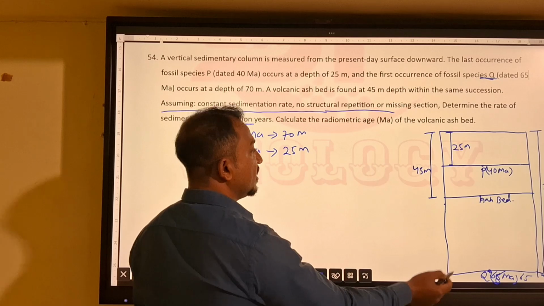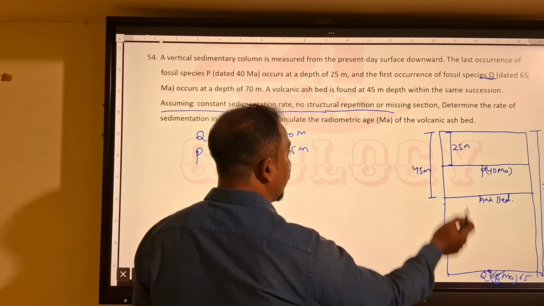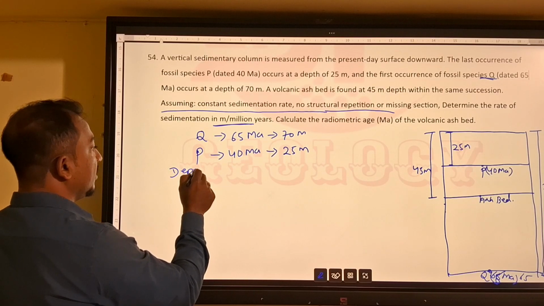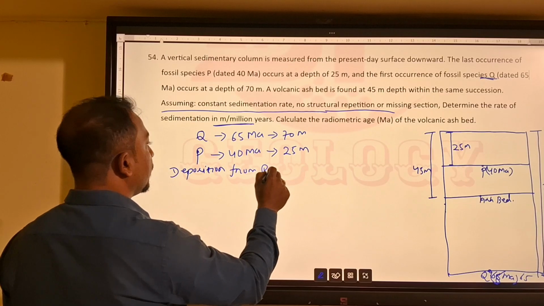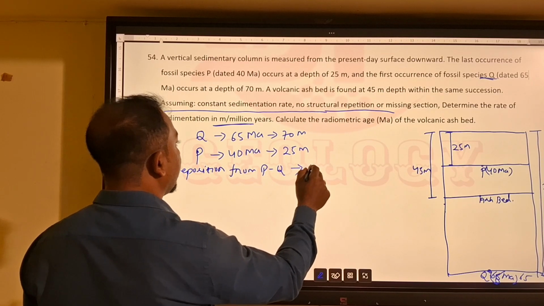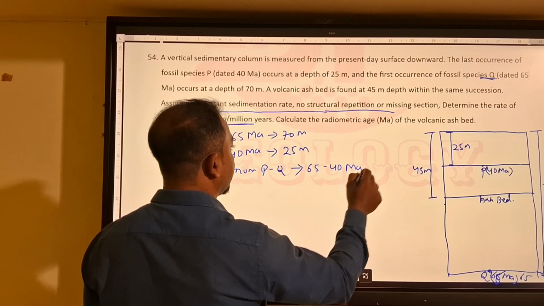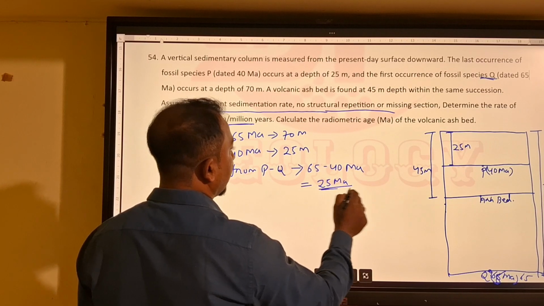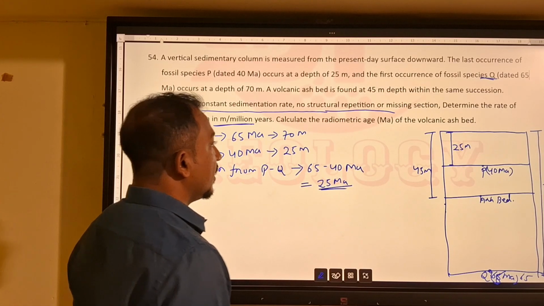As the sedimentation is continuous, the deposition from P to Q will take 65 minus 40 million years, 25 million years.